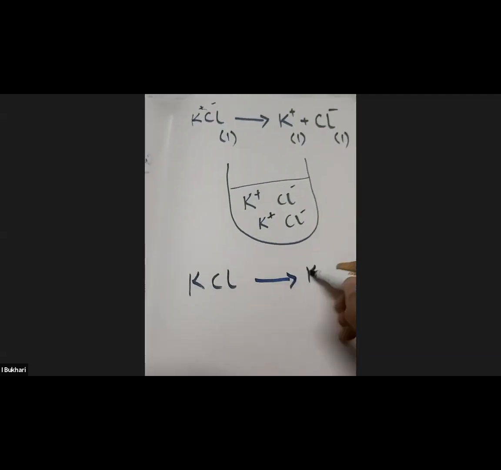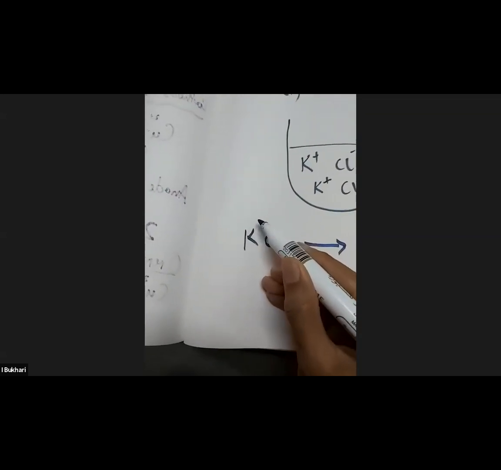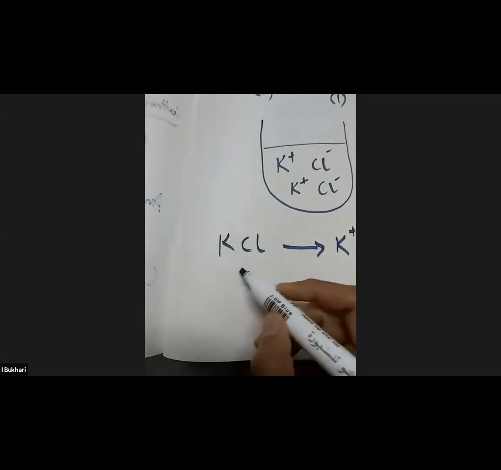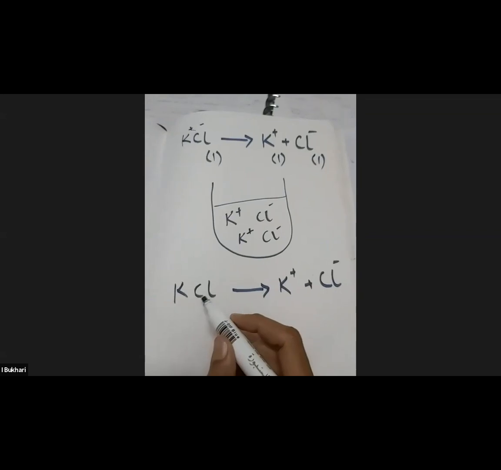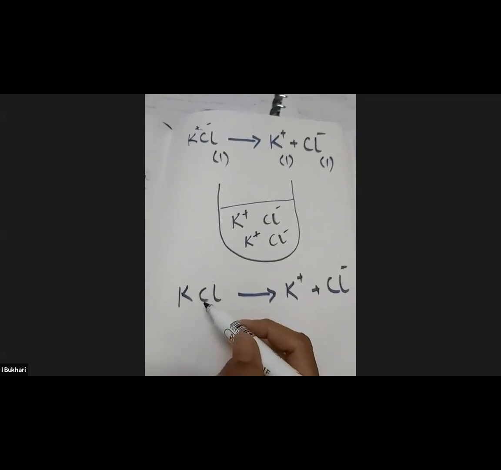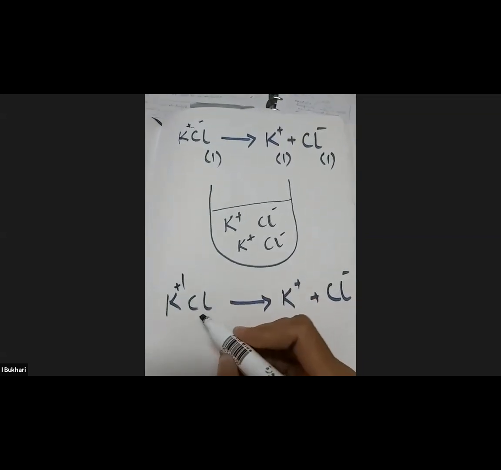Now, those people who were saying that this is a redox reaction, you should have looked at it a little closer. What is the oxidation state of potassium here? Do you think it's 0? No, it is bound to another element. It is in the form of a compound. It's +1. And what is the oxidation state of chloride?